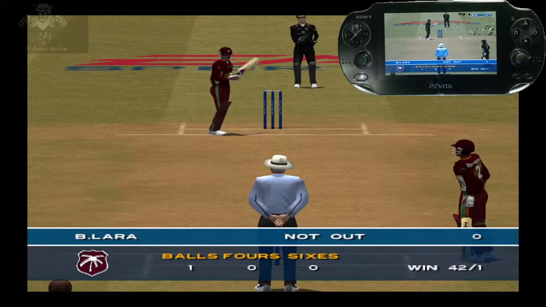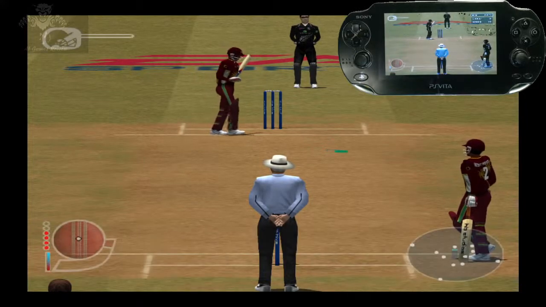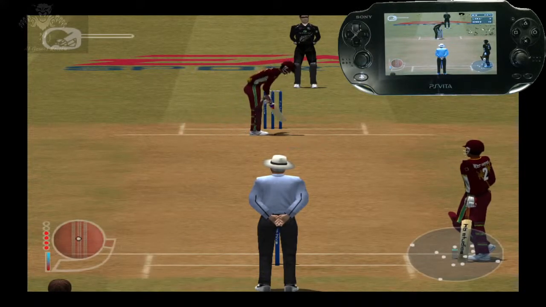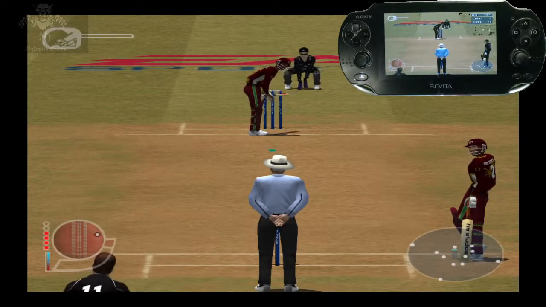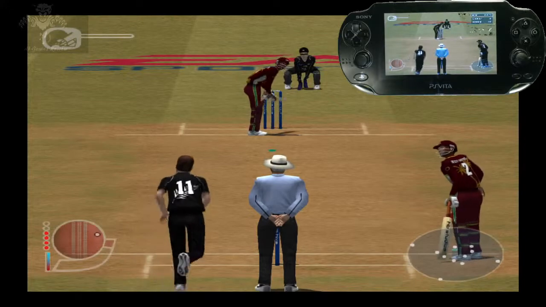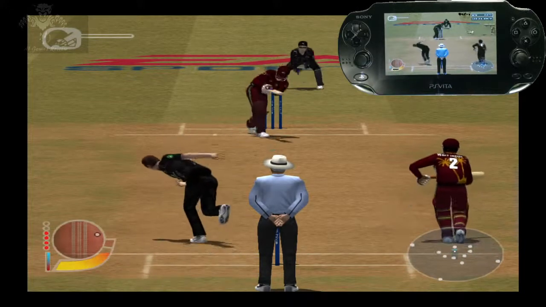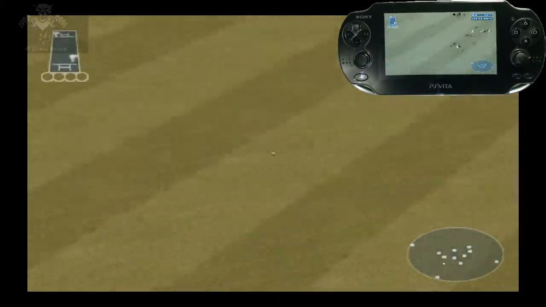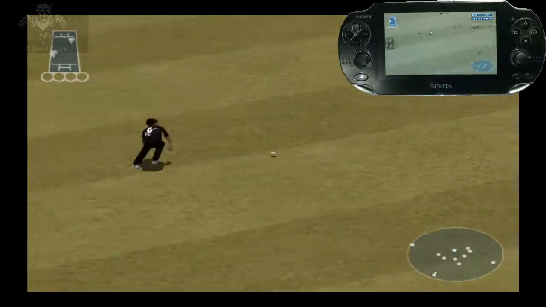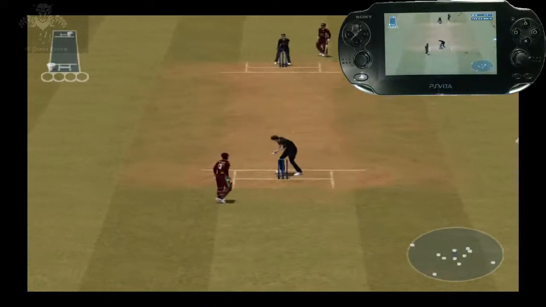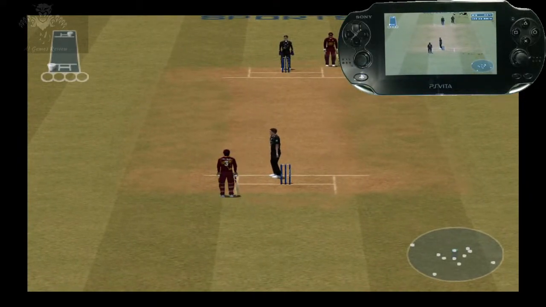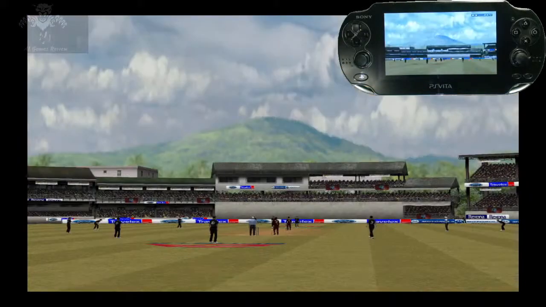Lara waiting at the striker's end. Harris is chasing that one. Fielded by the man at long on. A single to Lara.